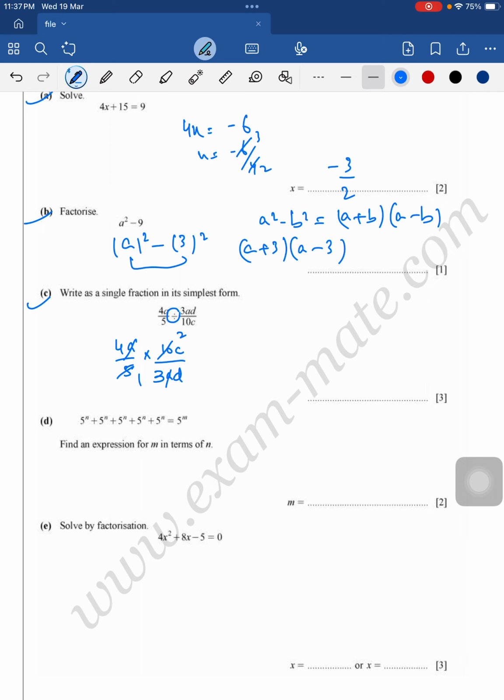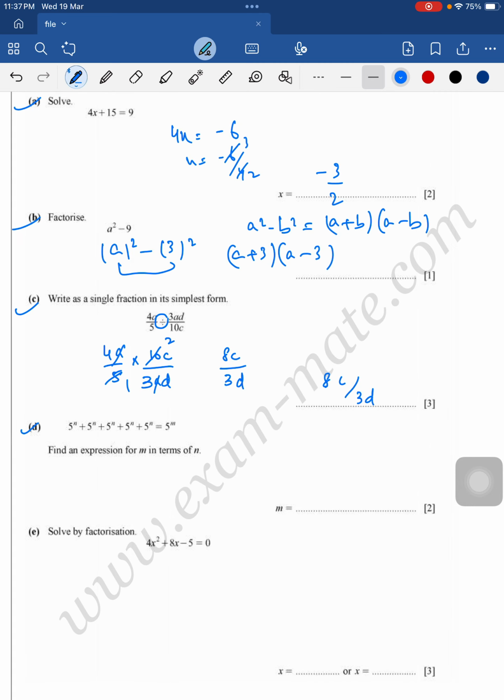Okay, a gets cancelled, 5, 4 2s are 8, and c is over there, 8c upon 3d. So 8c upon 3d is the answer. Clear?